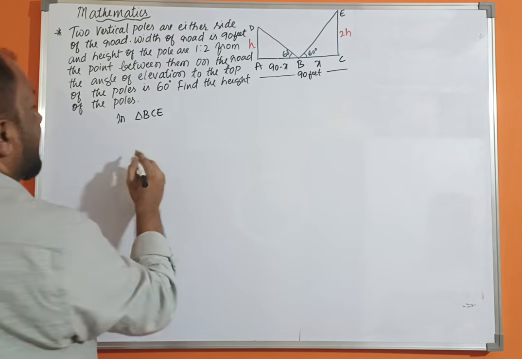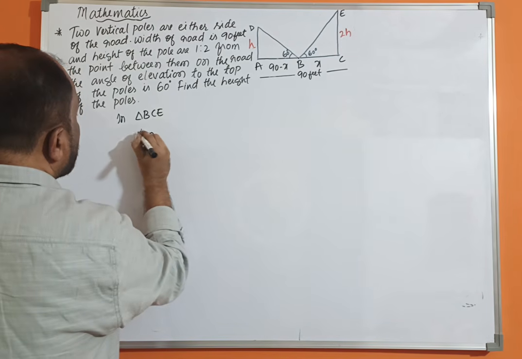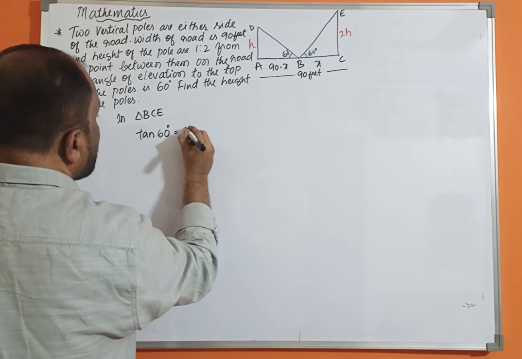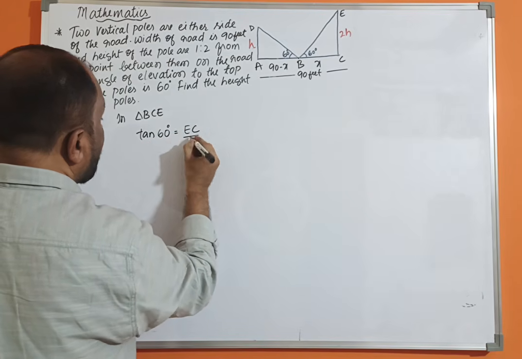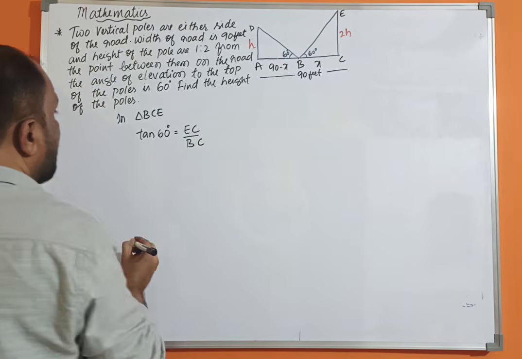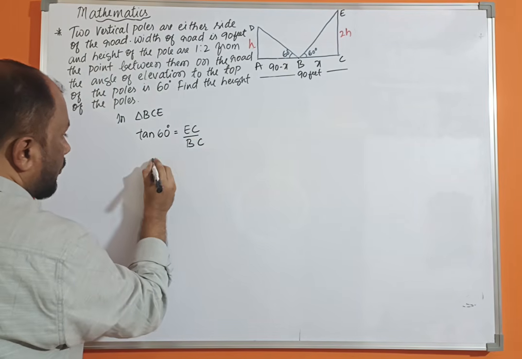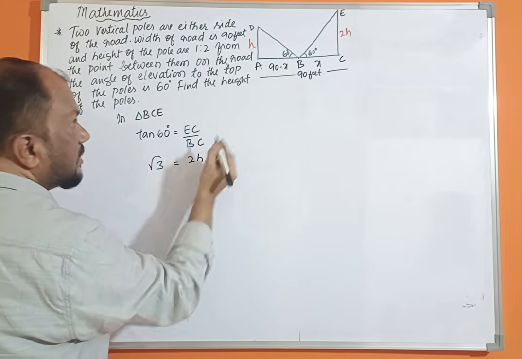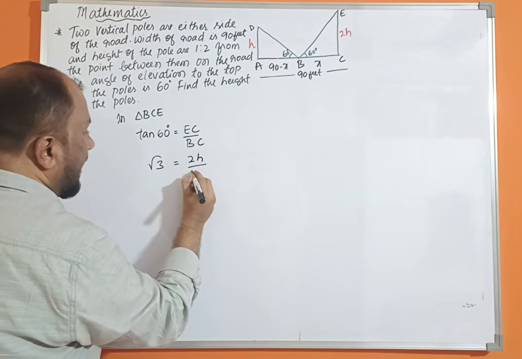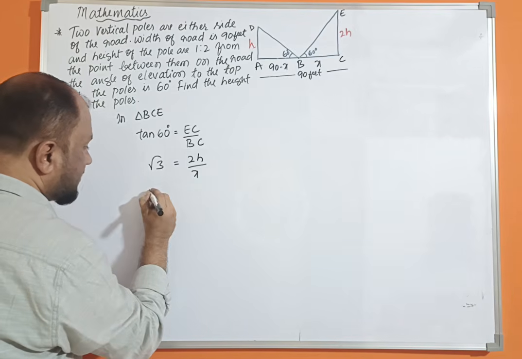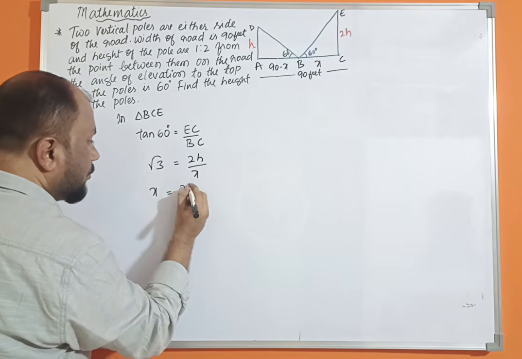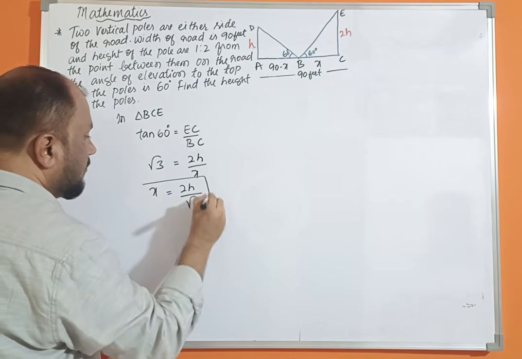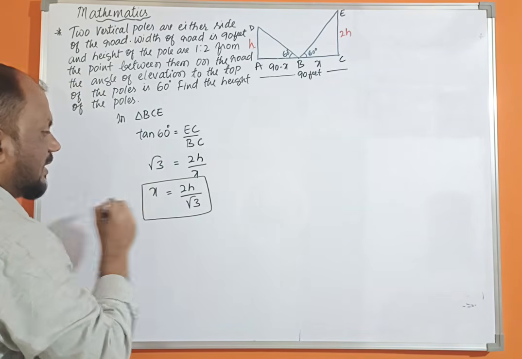In triangle BCE, tan 60 is equal to EC divided by BC. Tan 60 value you all know, root 3, is equal to EC, which is 2H, divided by BC, which is X. So transposing, X is equal to 2H divided by root 3. This is the X value in terms of H.